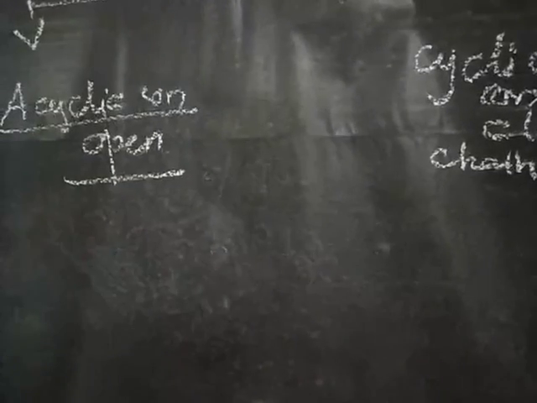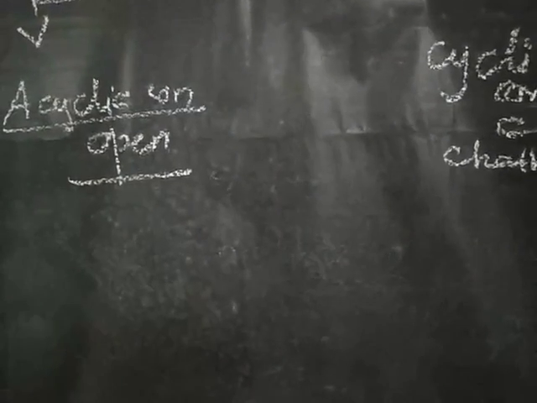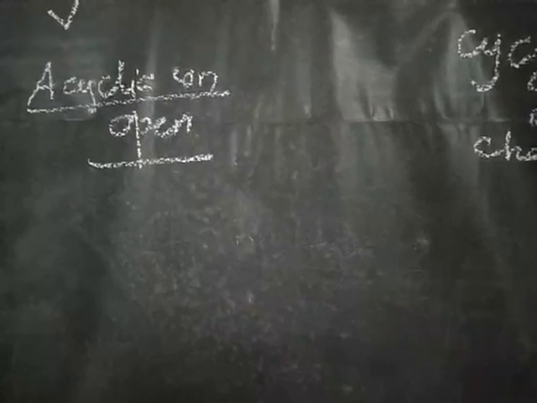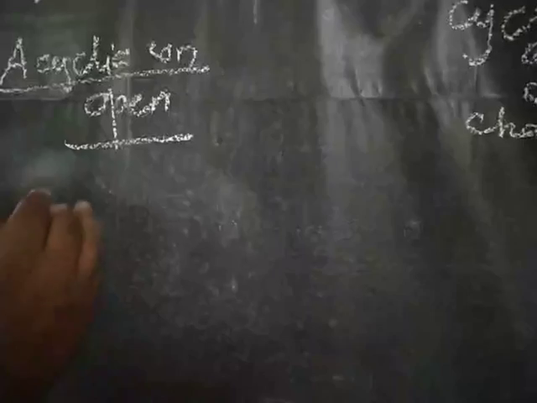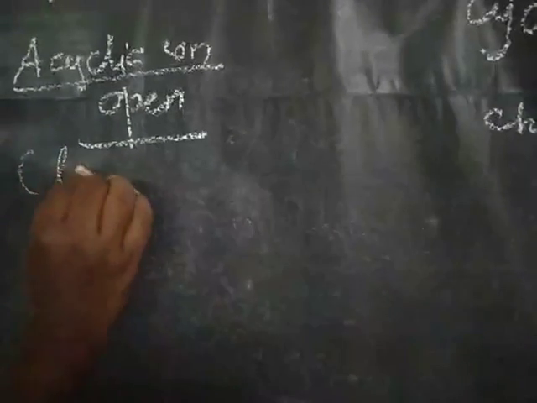Here, acyclic or open chain compounds. So what is meant by acyclic or open chain? These are all the compounds in which carbon atoms are linked in a linear pattern.